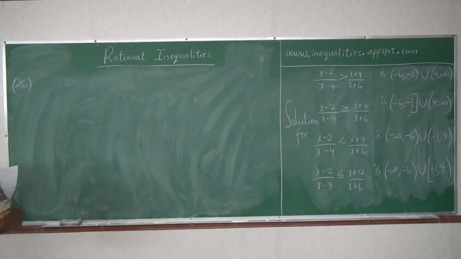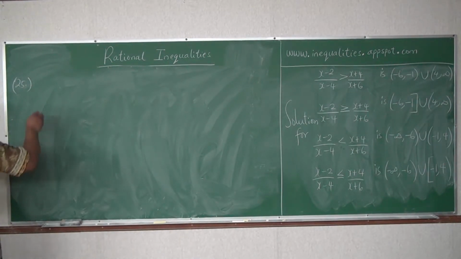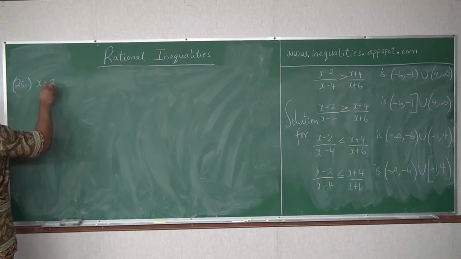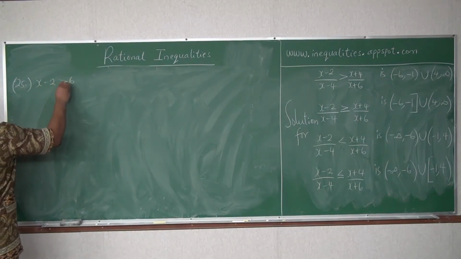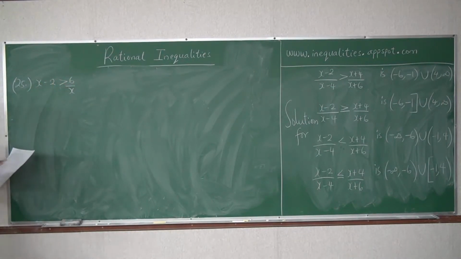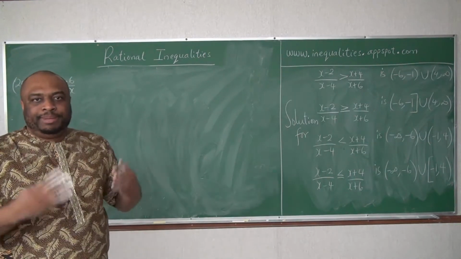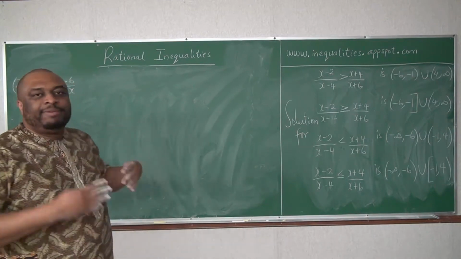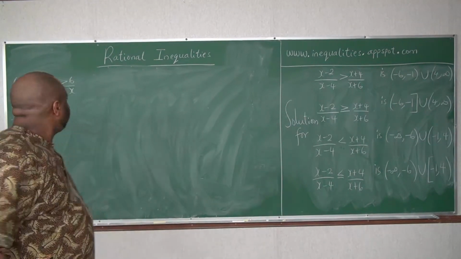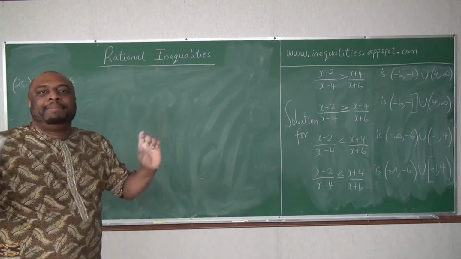Okay. 25. We have here x minus 2 greater than 6 over x. We are doing varieties, so you can be exposed to all these varieties. But it's still the same concept.